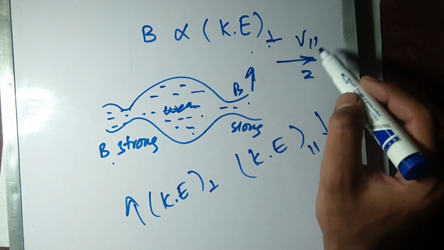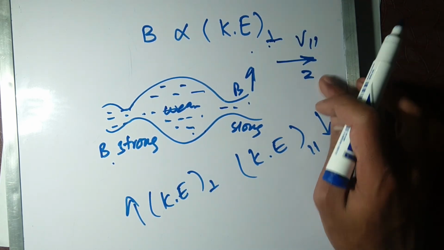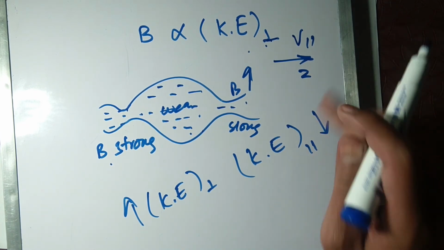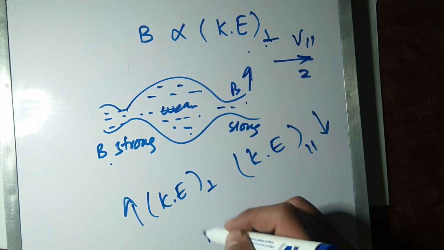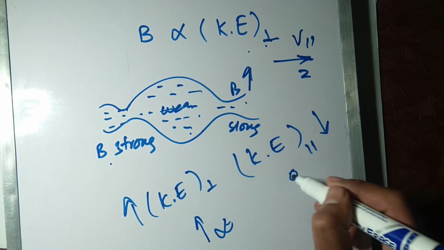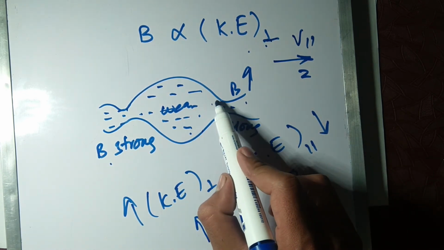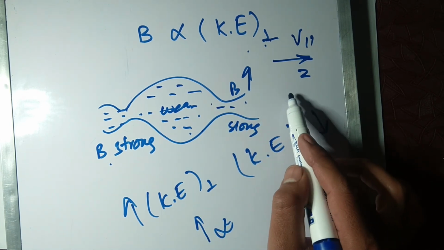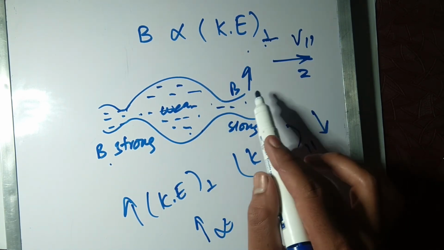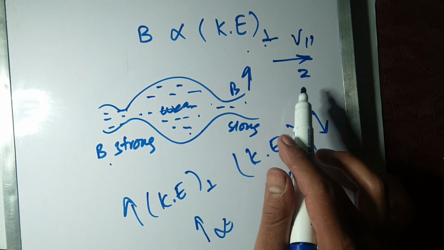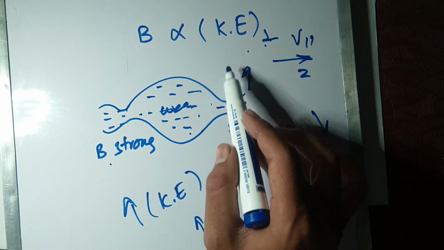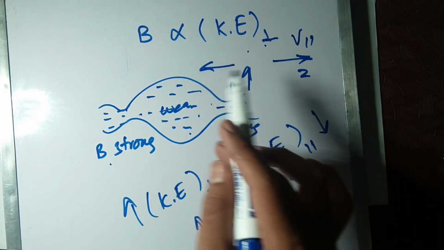As the parallel kinetic energy is minimum, V parallel approaches zero, which means that the particle cannot move any further in the Z direction, so it will move backward again.